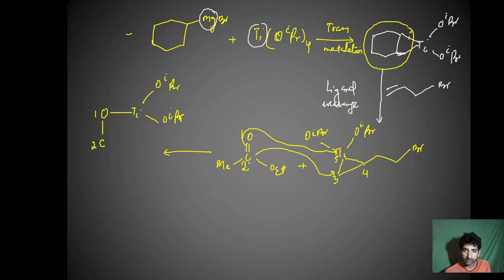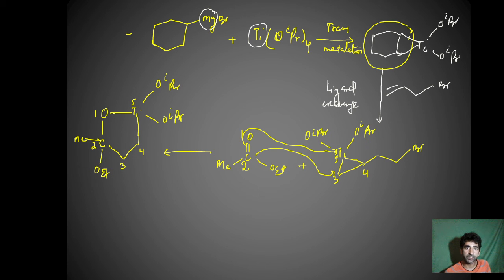Now this carbon 2 forms a bond with carbon 3, and this carbon 3 is bonded to carbon 4. This is carbon 4. The carbon 4 is bonded to titanium. So this is third, this is fourth, and this is fifth atom. So this is a 5-membered ring, and over here we have attached a methyl group, and we have attached OEt.